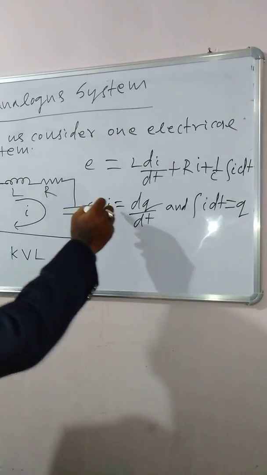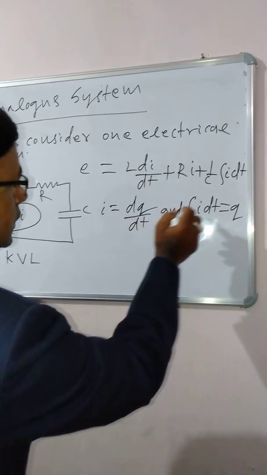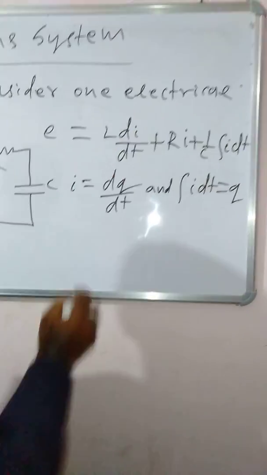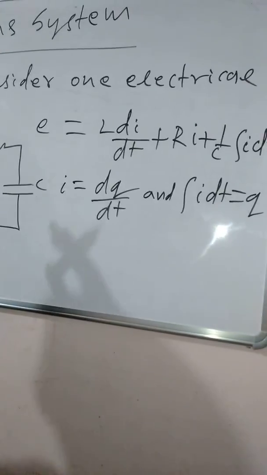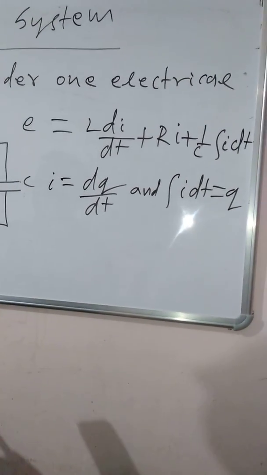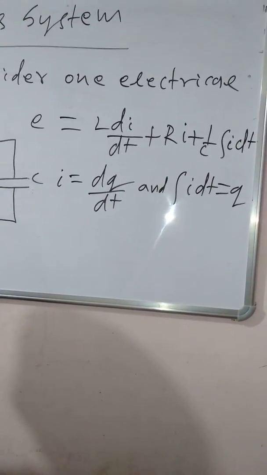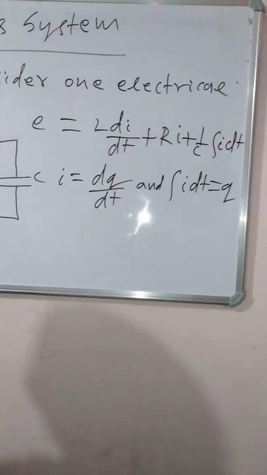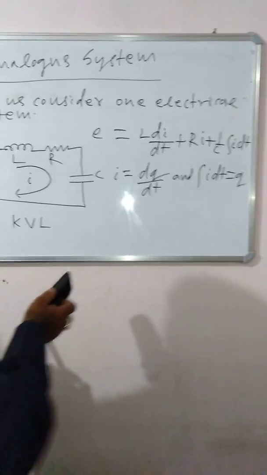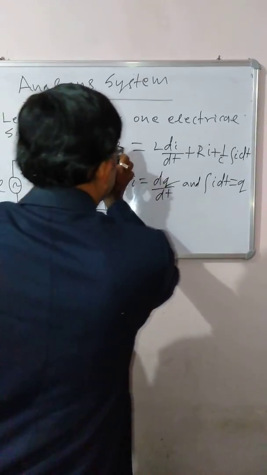If we put these in the equation, we get a differential equation for this electrical circuit, and this is called the mathematical modeling of the circuit.